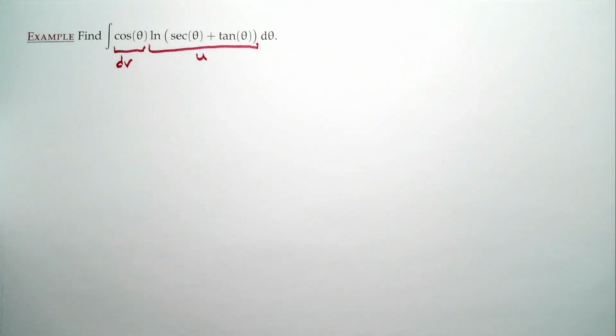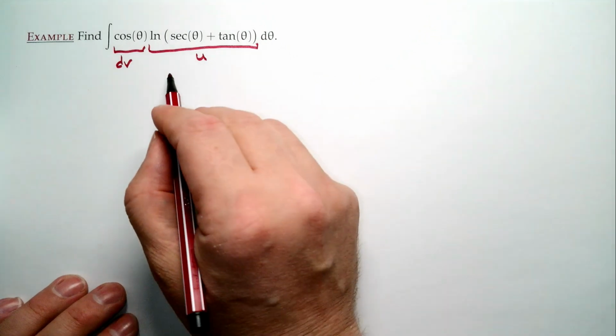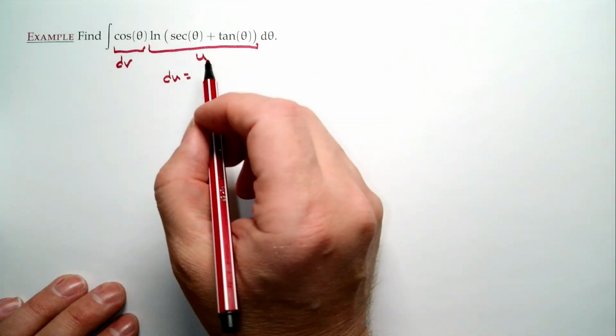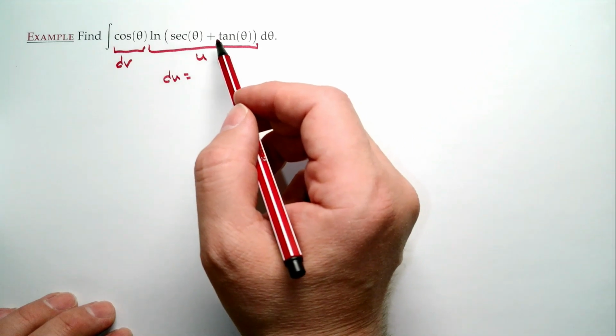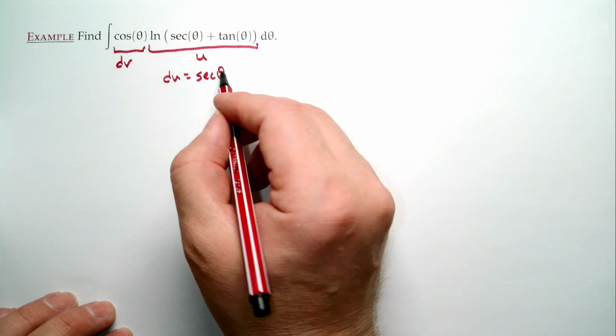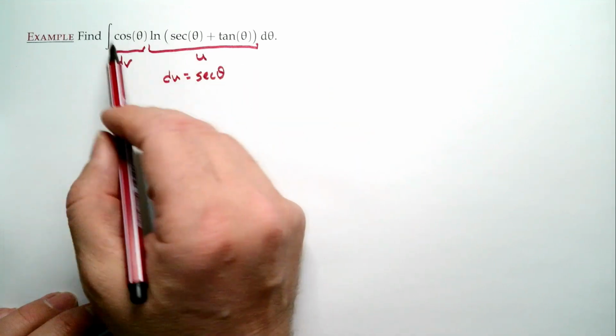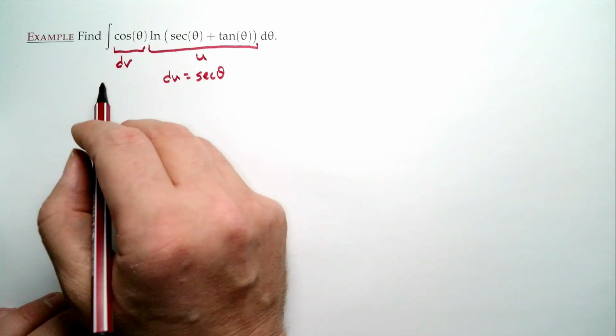Well, what can we do? We take the derivative. We've already talked about how if we integrate secant, we get log secant plus tangent. So if we take the derivative of log secant plus tangent, we get back to secant. What's the integral of cosine? Sine.